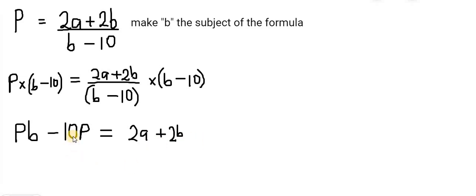So I'm going to get rid of minus 10p from the left. It has a minus, so I'm going to use the opposite sign, or the inverse sign, which is a plus sign. So I say pb minus 10p plus 10p on the left.